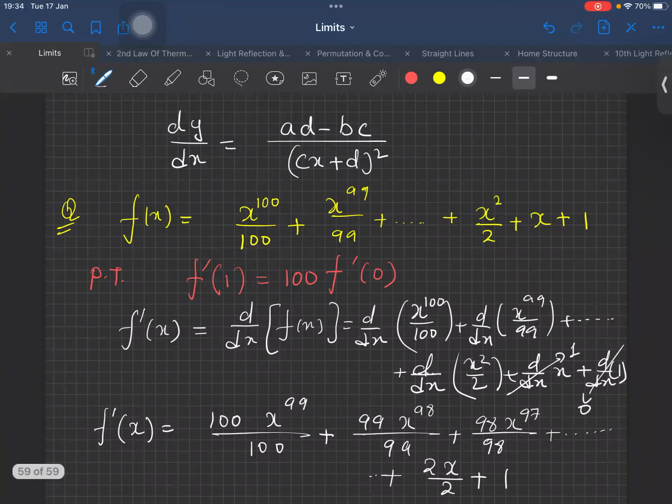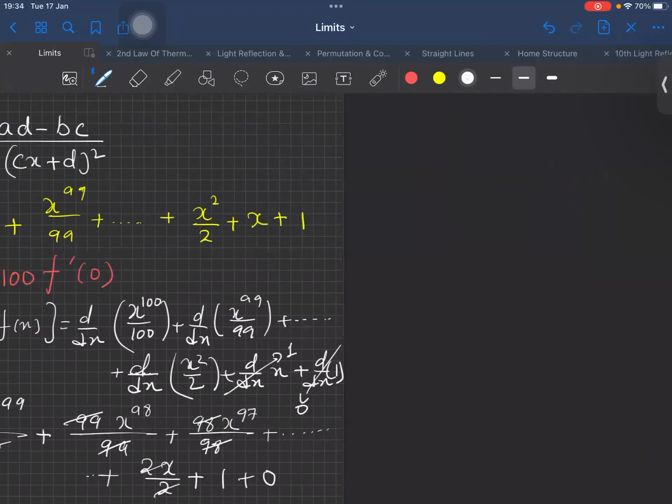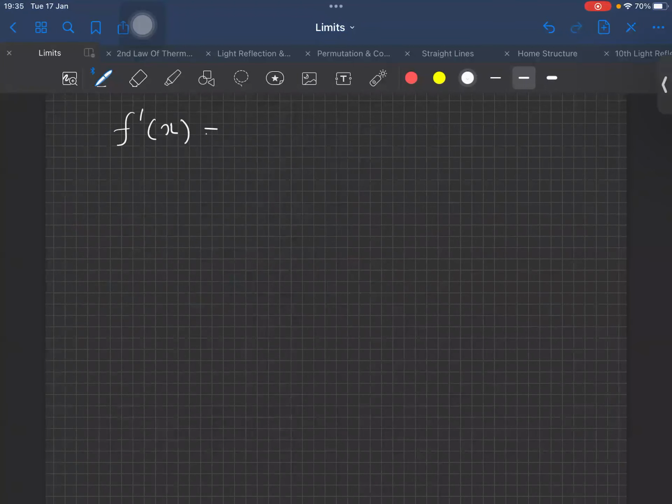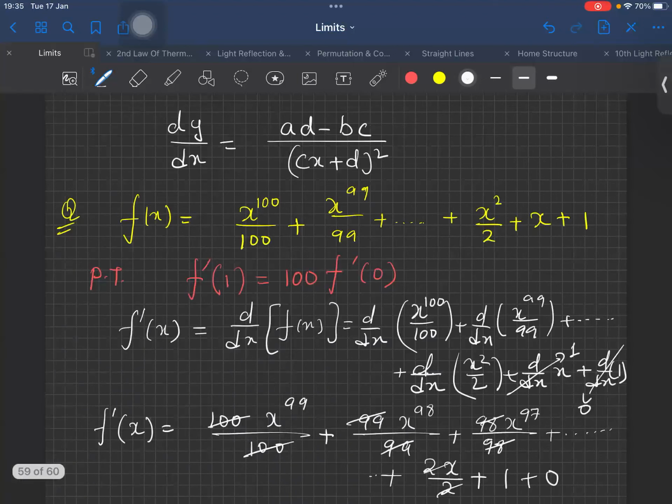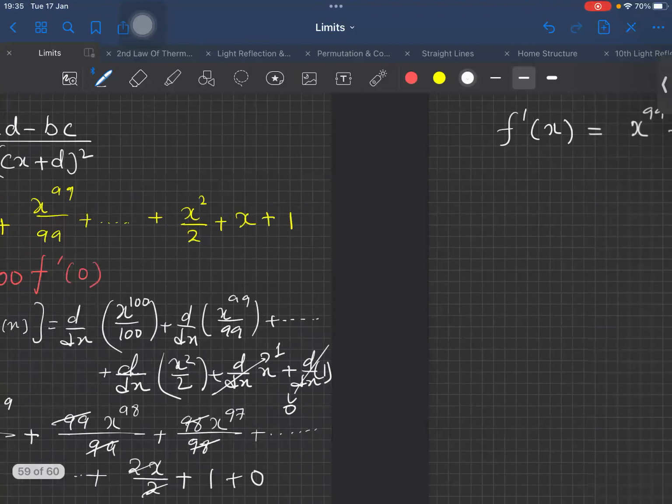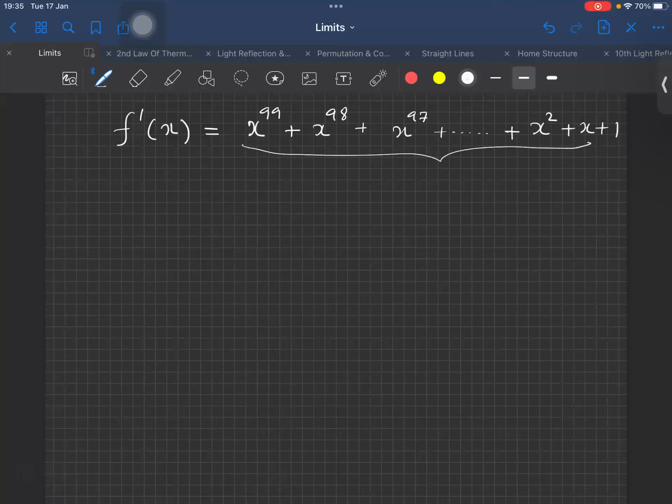Now you can see these numbers cancel, plus 0. Ultimately f'(x) you will get x to the power of 99 plus x to the power of 98 plus x to the power of 97 plus so on up to x square plus x plus 1. How many terms are there? Up to here 99 terms plus 1, that means 100.